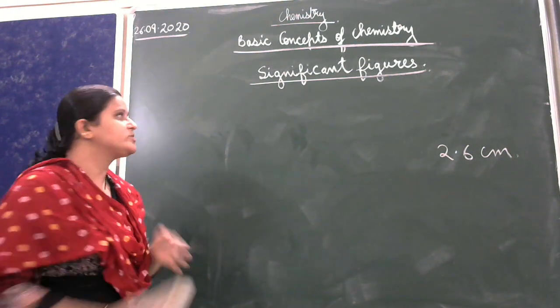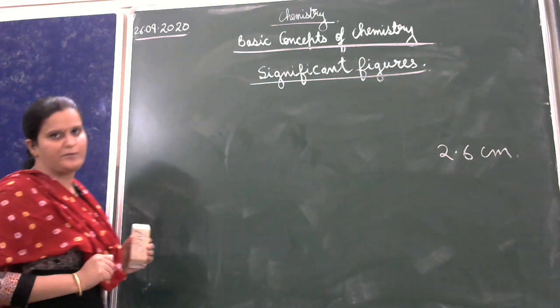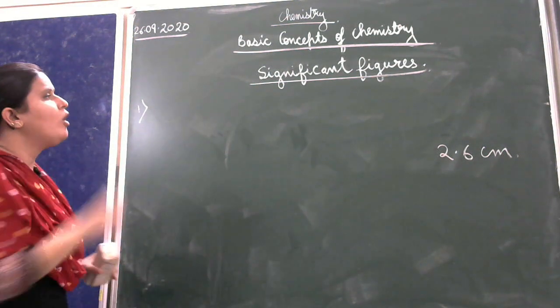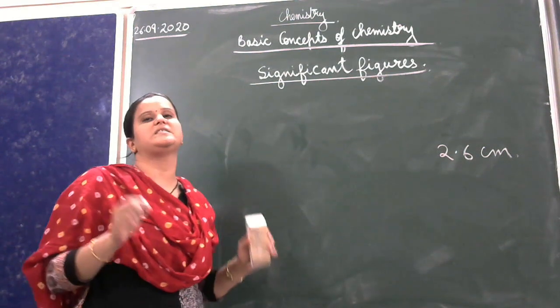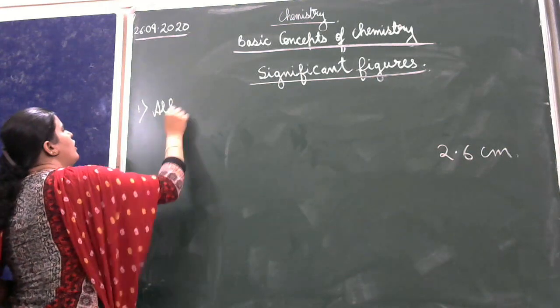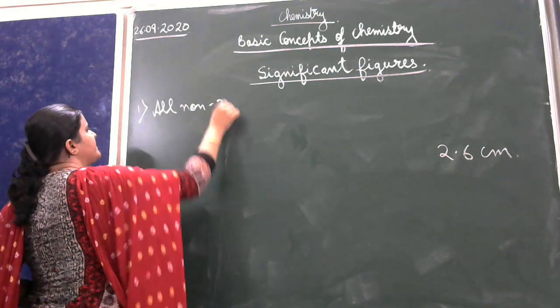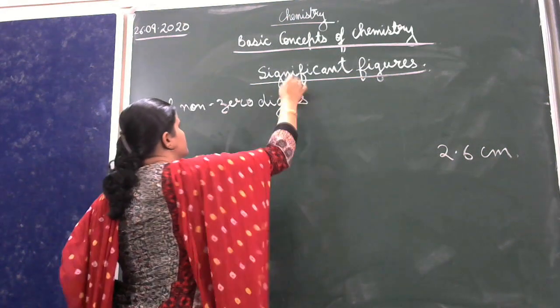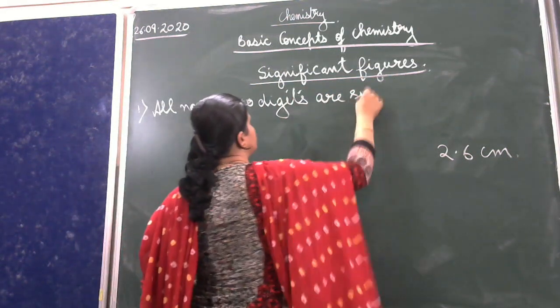figures are there. So what are the rules to calculate significant figures? My first rule says that all non-zero digits are significant. What is the first rule saying? All non-zero digits are significant.